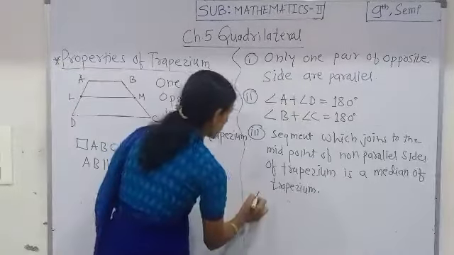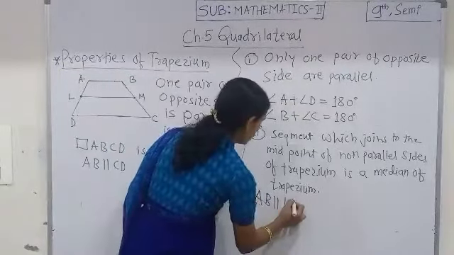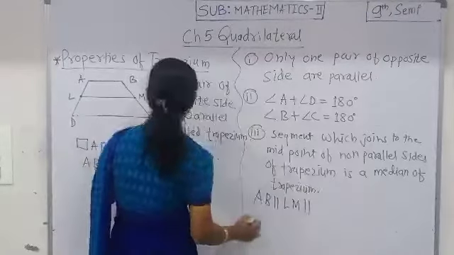That means AB is parallel to LM, which is parallel to CD.